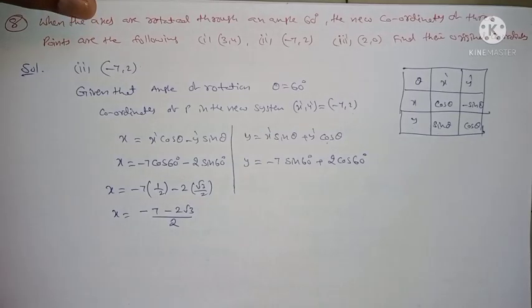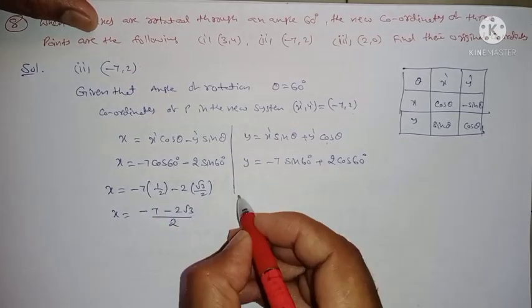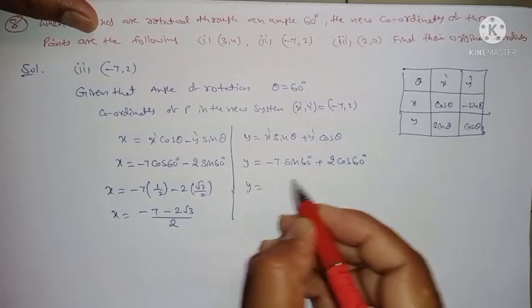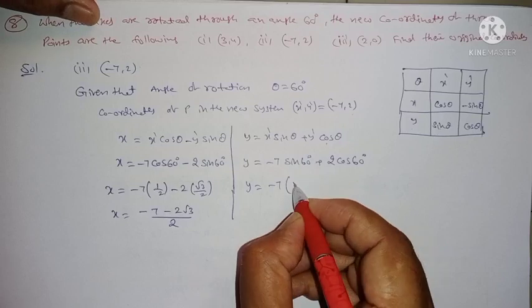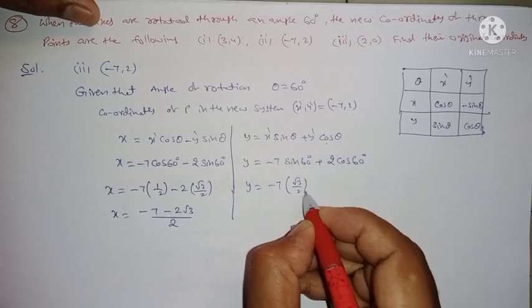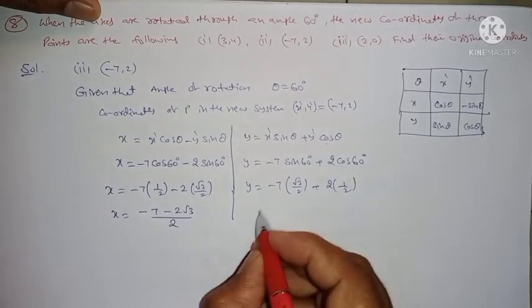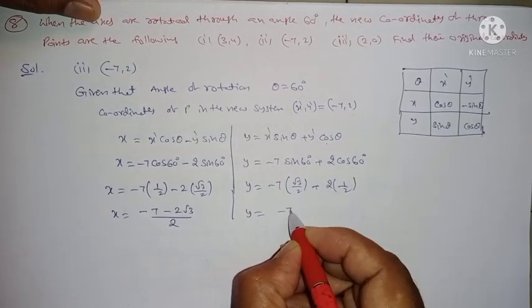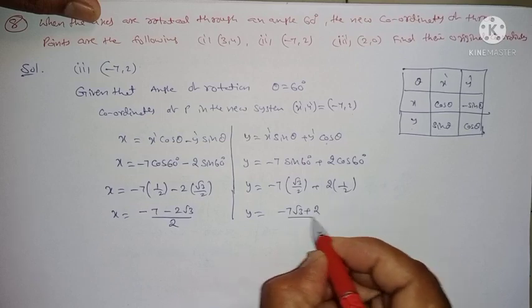Because the denominator 2 is there, I can write minus 7 as it is, minus 2 root 3 by 2. Similarly, find the y value: minus 7 sin 60 is root 3 by 2, plus 2 cos 60 is 1 by 2. Here also you can write directly minus 7 root 3 plus 2 by 2.